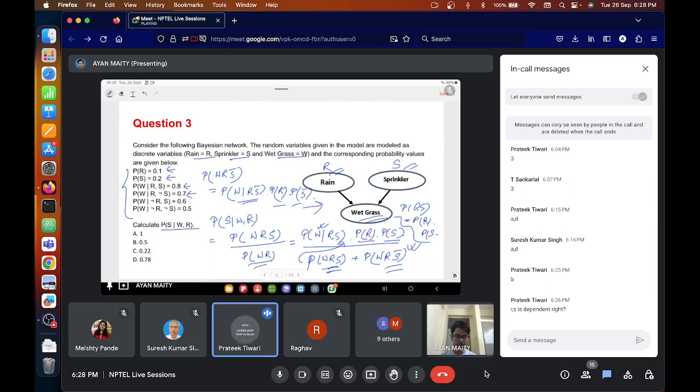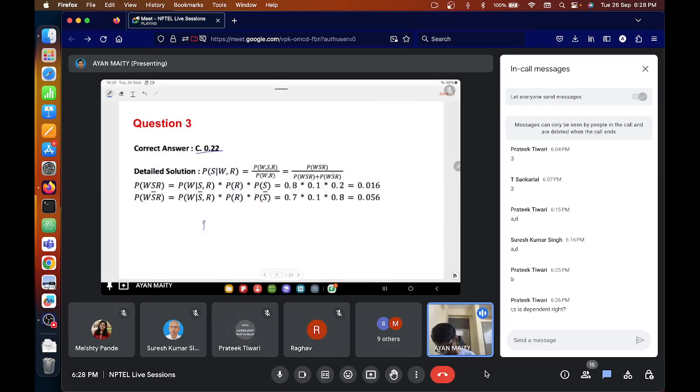Sir, but it is said S given W and R. Yes, S given W and R, but when we expand it, probability of WRS, we are rewriting it as probability of W given R and S into probability of RS.